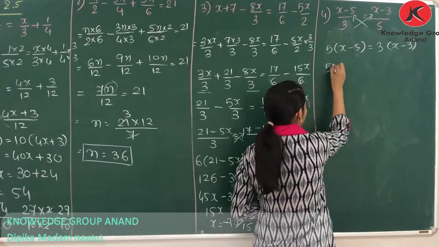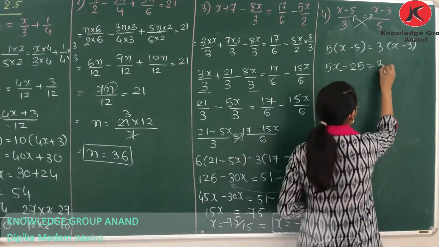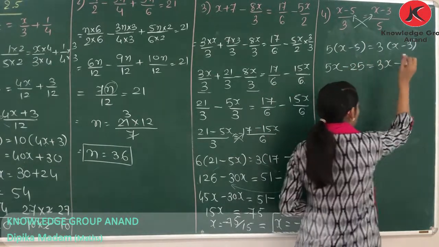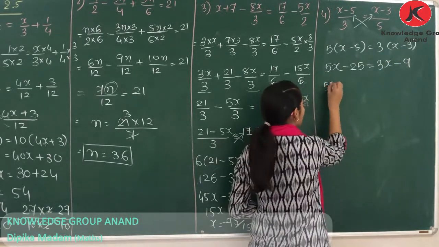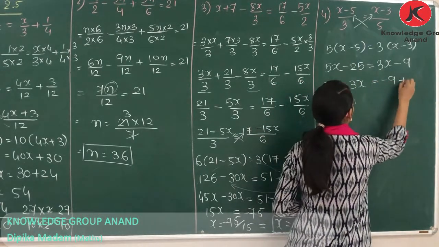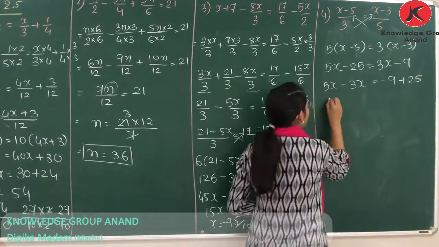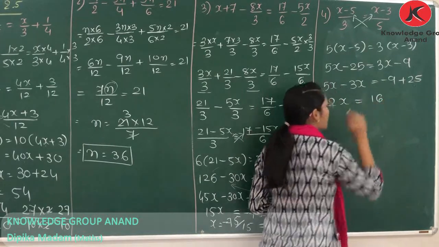Open the bracket, that is 5x minus 25 is equal to 3x minus 9. Now 3x on left side becomes minus 3x and 25 becomes plus 25. So that is 2x is equal to minus 9 plus 25 is 16.